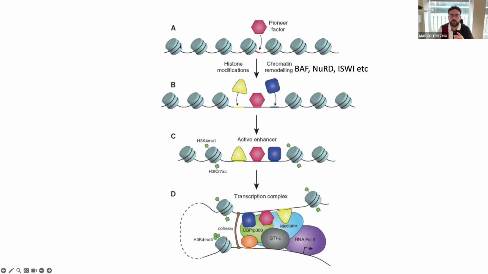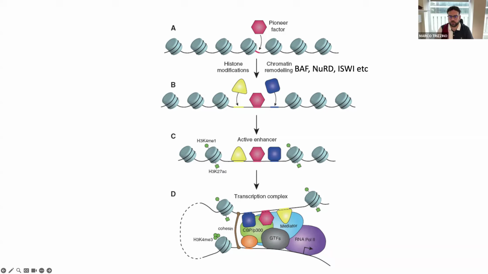Your chromatin is still repressed, heterochromatic. But pioneer factors are the only family of transcription factors that are able to bind condensed, repressed nucleosomes. They bind, and this leads to the recruitment of other coactivators, so chromatin remodeling complexes.